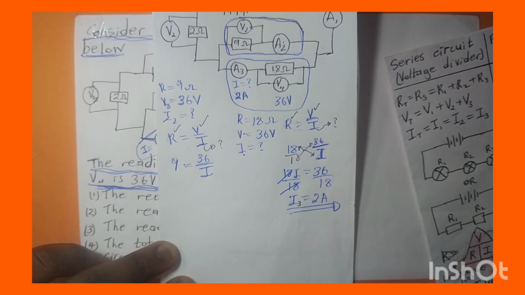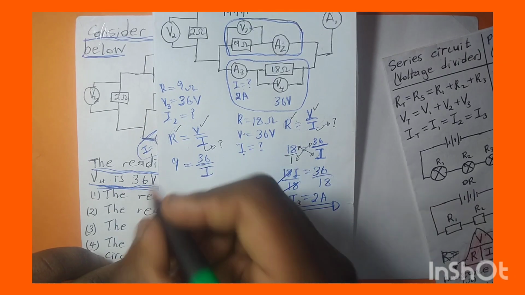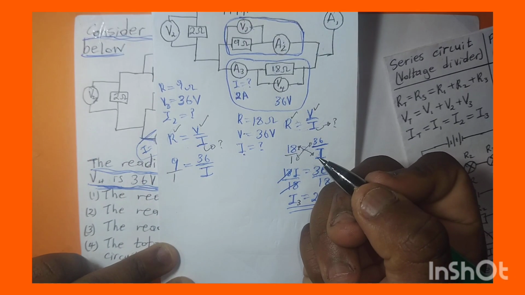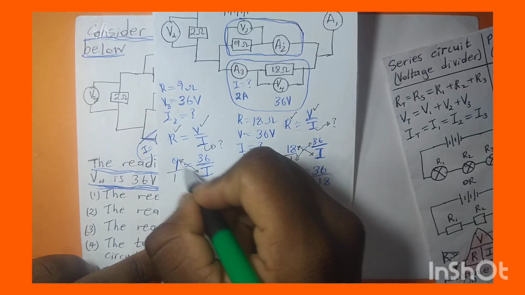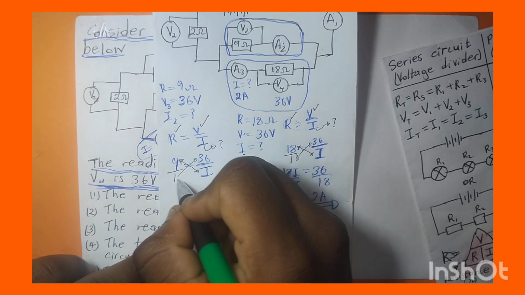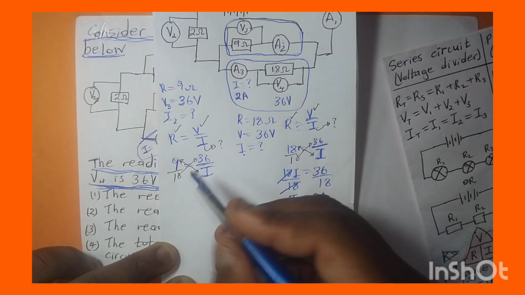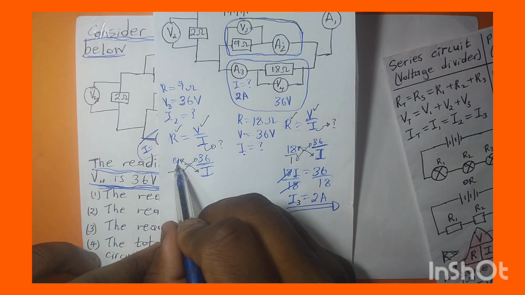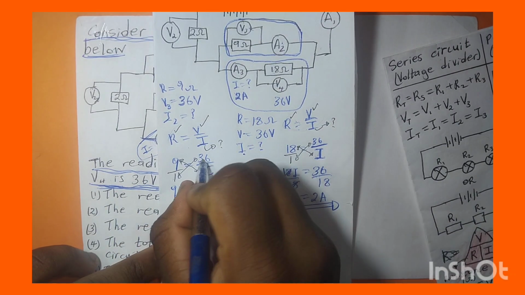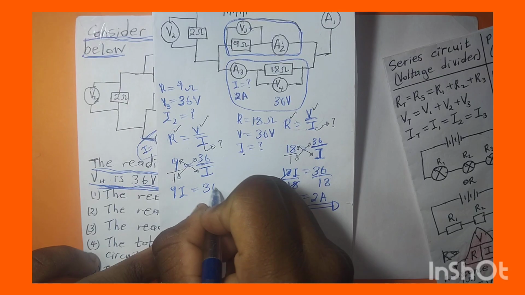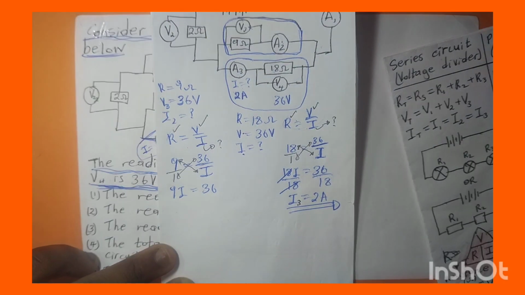For you to solve that I, we have a fraction here, meaning that you can put an invisible 1, so that you can do a cross multiply. These two things will multiply each other, and these will multiply each other. So simply, 9 multiplied by I is 9I, and 1 multiplied by 36 is 36.